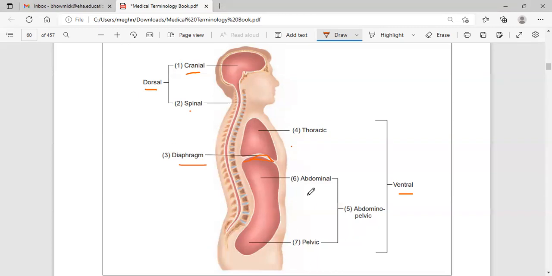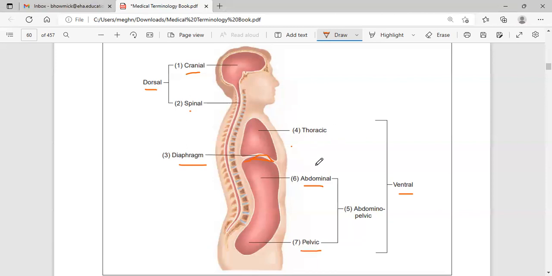So the abdominopelvic cavity is further subdivided into abdominal and pelvic. The pelvis basically contains our reproductive system, and the abdominal cavity contains the digestive system, right?